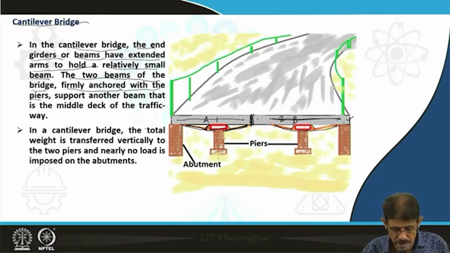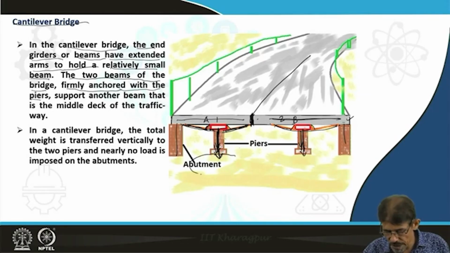In a cantilever bridge, the total weight is transferred vertically to two piers, mainly this pier and this pier. However, on the abutment side there is no load. So the whole load, due to this arrangement and division of the beam, is transferred under compression through the piers.